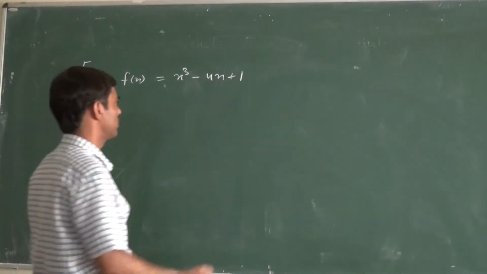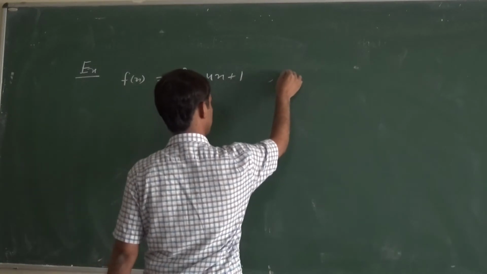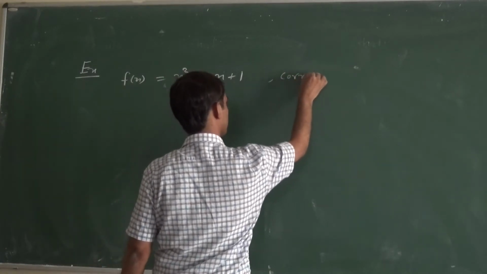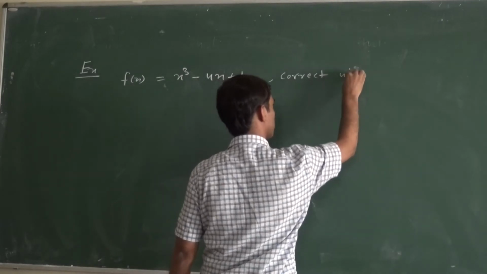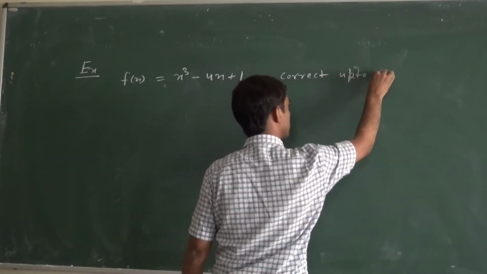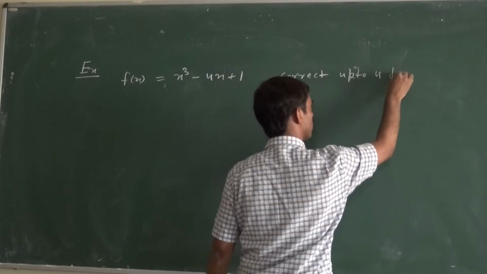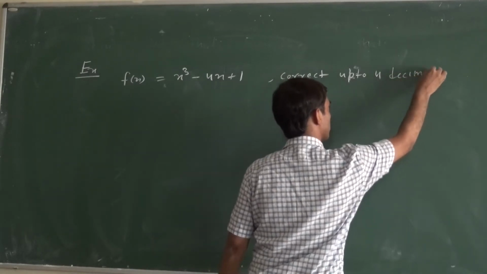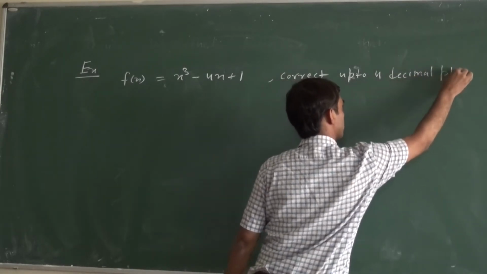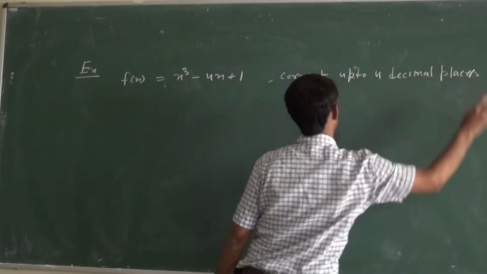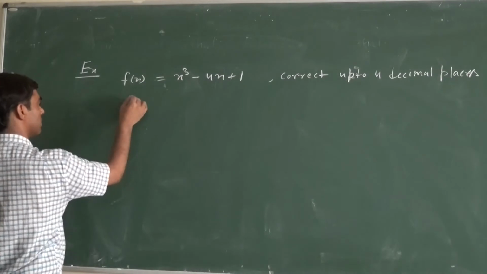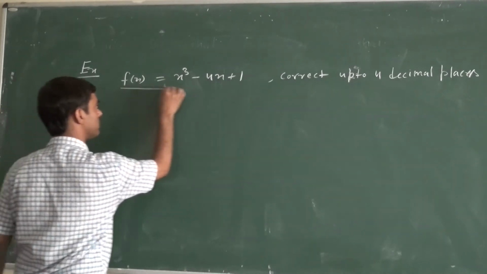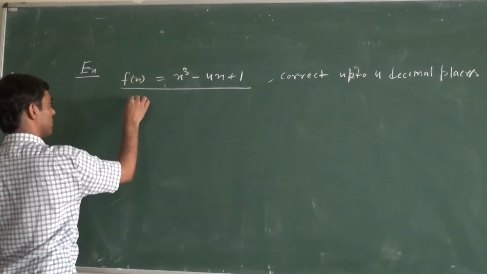Now we try to find the root correct up to 4 decimal places by the Regula Falsi method.